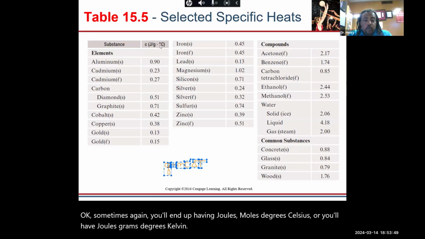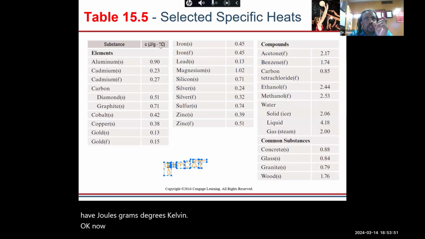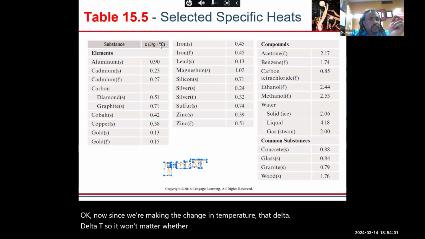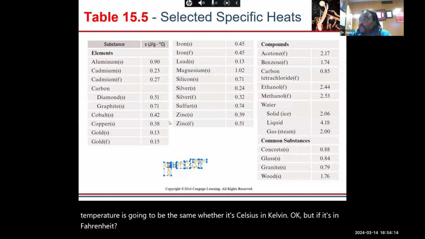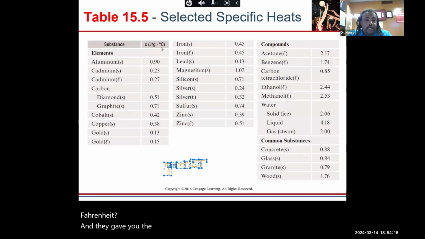Now, since we're looking at the change in temperature, that delta T, it won't matter whether it's in Celsius or in Kelvin, because that change in temperature is going to be the same whether it's Celsius or Kelvin. But if it's in Fahrenheit and they give you the units in Celsius, you're going to have to pay attention to that. You have to make that conversion first.